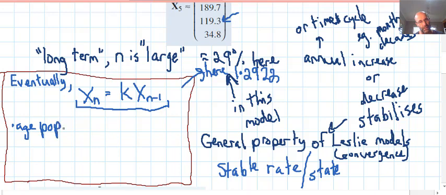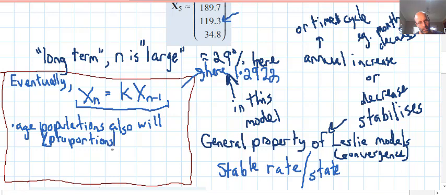So age populations also. And that's the proportions of each. Okay, the proportions. So the proportions of each age category will also basically stabilize.